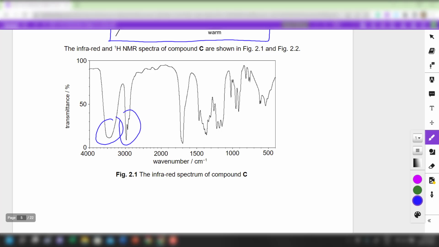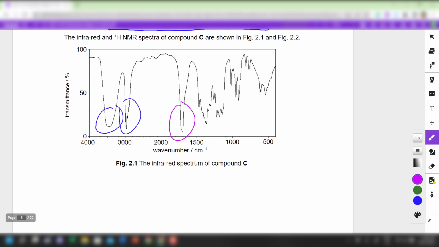If you want to mention it, you can, but other than that, it shouldn't be a supremely important part of your answer, because at the end of the day, for an IR spectrum, we want to fish out the most important functional groups for discussion. And of course, this is not to be missed. This is the C=O stretch in ketone, and it's a very strong one. So take note of that.